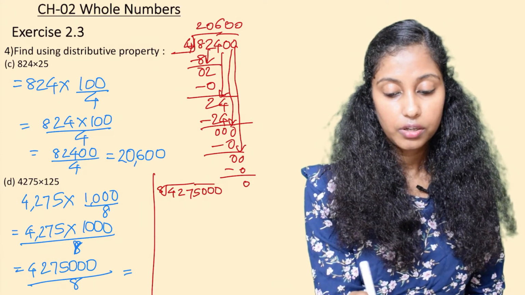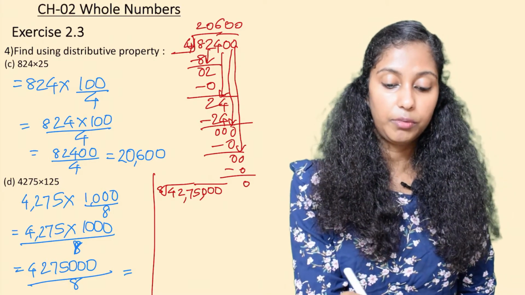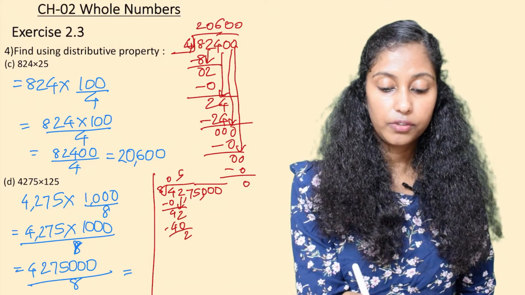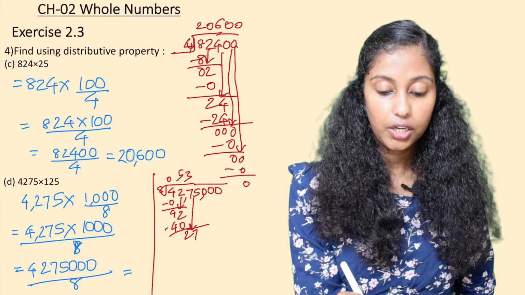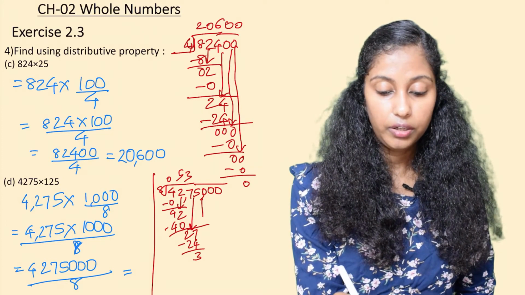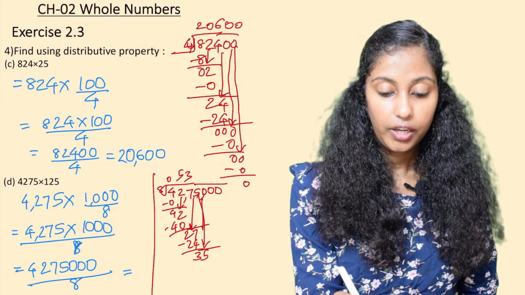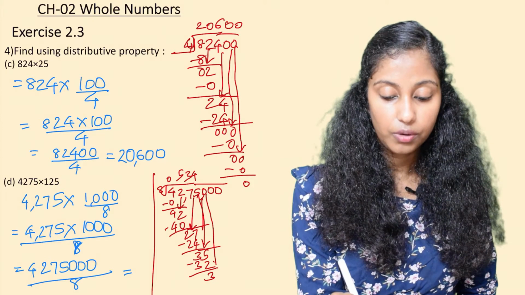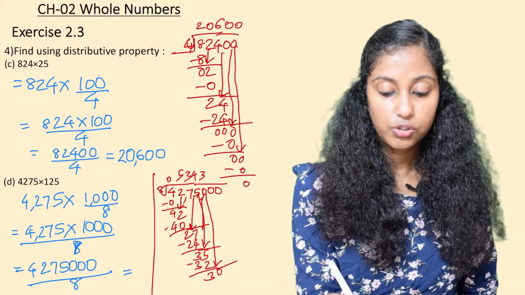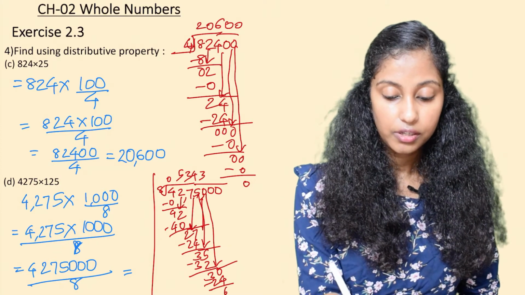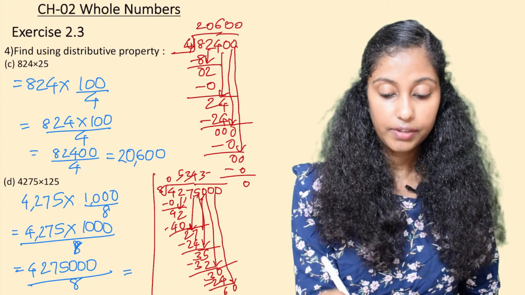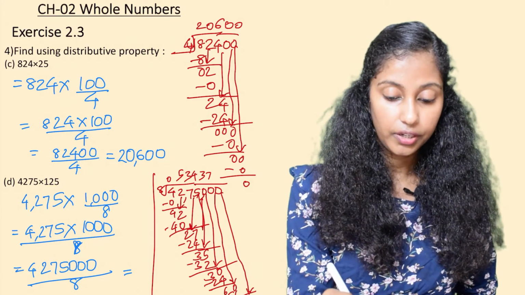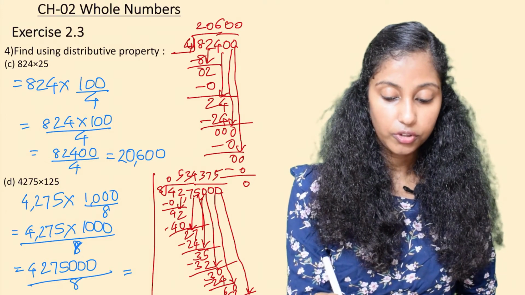So it gives us 42,75,000. 8 table we get 5s are 40. So 42 minus 40 gives 2. 8 table we get 3s are 24. We get 3, then we write this 5. 8 4s is 32. 3, this 0 comes down. 8 3s is 24. 6, again 0. 8 7s is 56. 4, and then this is the last 0. 8 5s is 40.